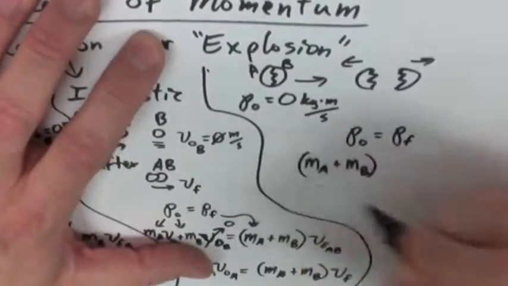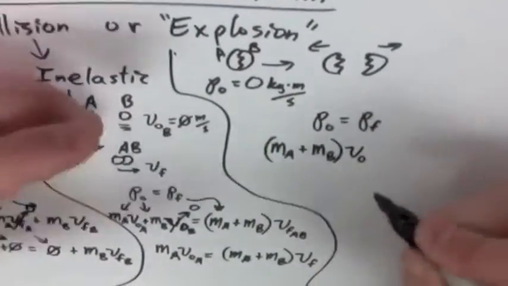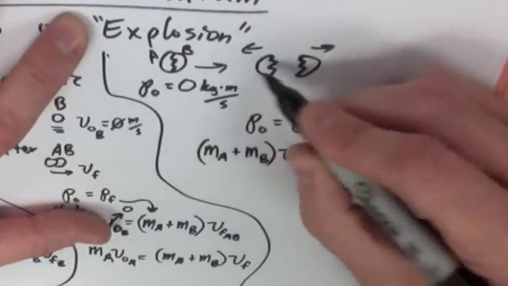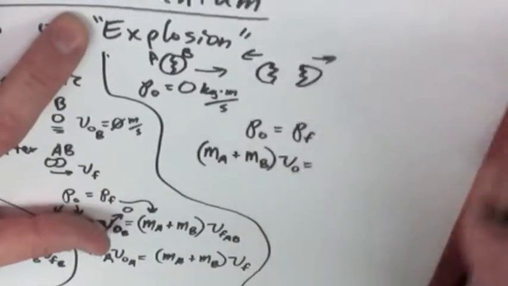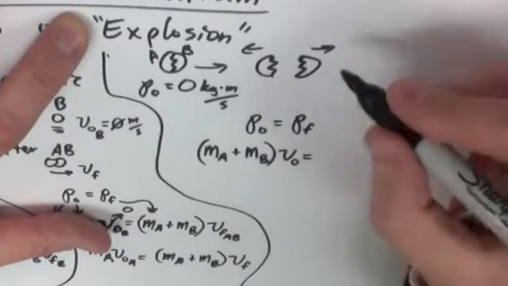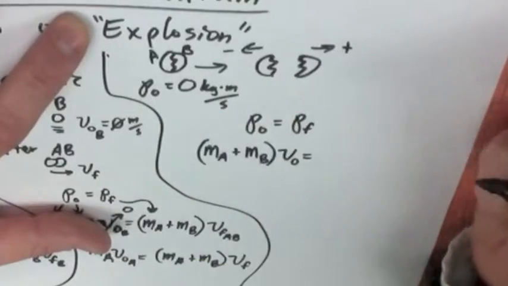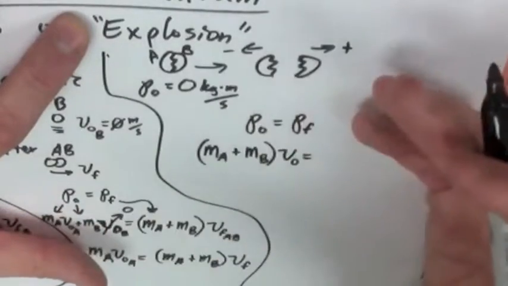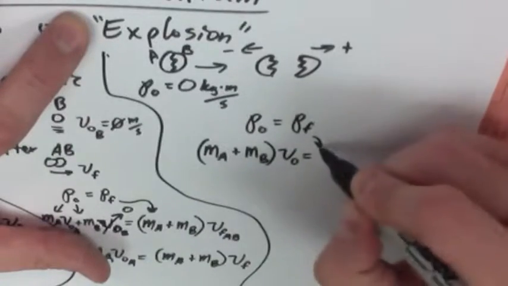They're together as one, moving together with an initial velocity. Their final momenta are going to be in opposite directions, so you're going to have to make a decision here. One way is going to be a positive direction, another way is going to be a negative direction. That way I can show opposite directions, opposite momenta. So it's going to look like this.